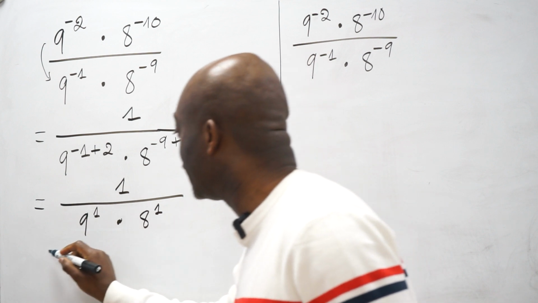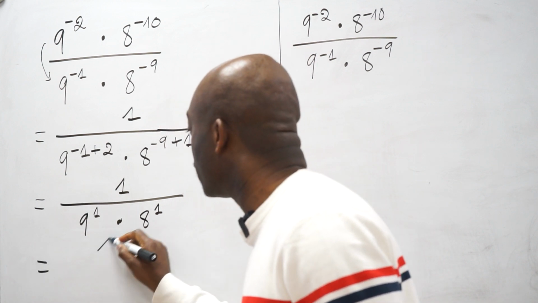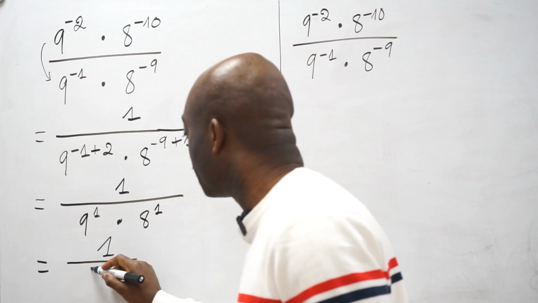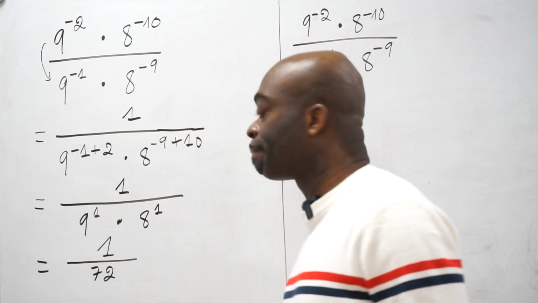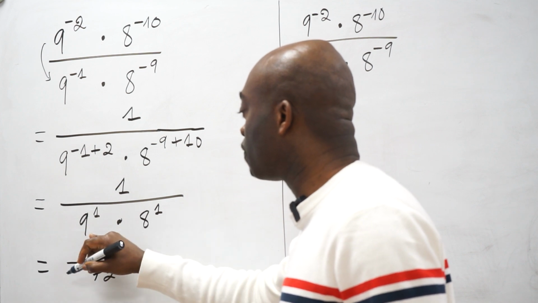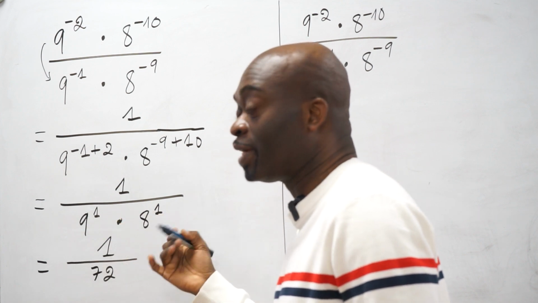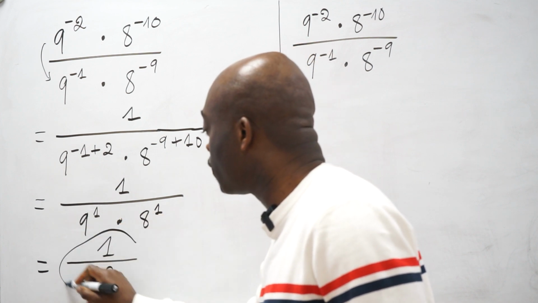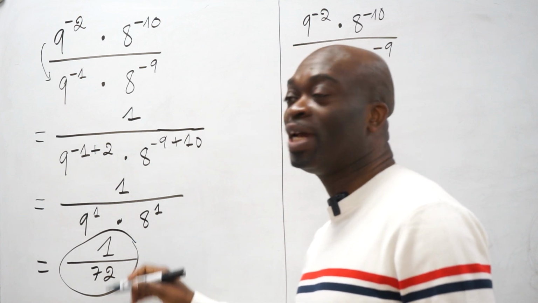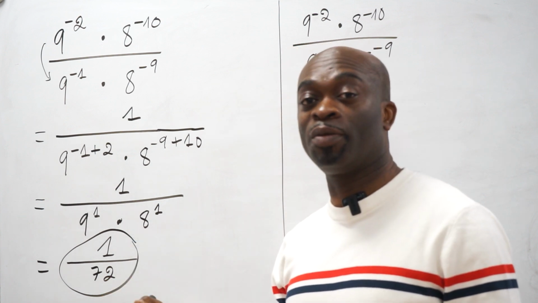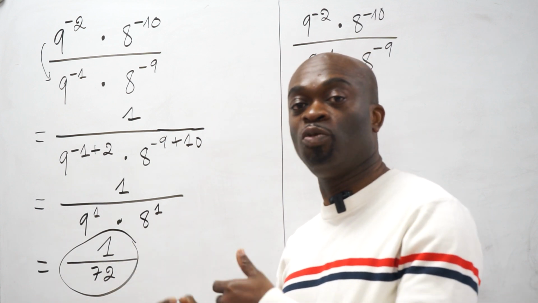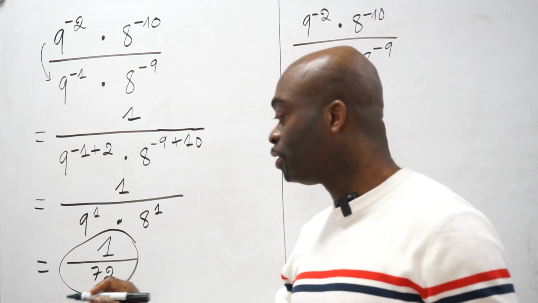And then we end up with 1 over 9 times 8, which is 72. So 9 power 1 is 9, 8 power 1 is 8, and you end up with 1 over 72, which is your final answer. In this case, we do not need to divide to get a decimal number unless the problem states that you want a decimal. If not, you're good to go.